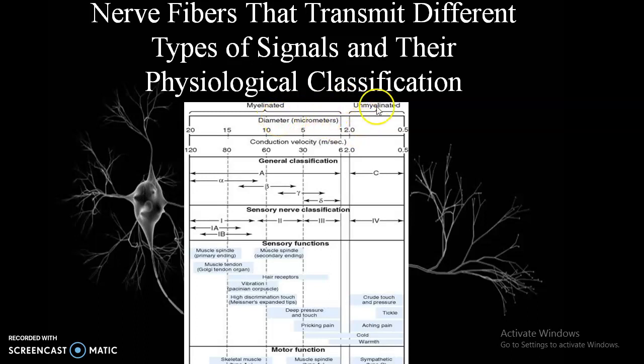On the other hand, C fibers are unmyelinated and they conduct impulses at low velocities. You can see this is high velocity, that is A fibers, and C fibers conduct at a very low velocity. The size, velocity, everything is given in this particular table.